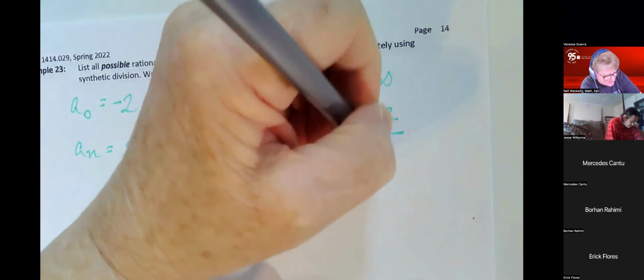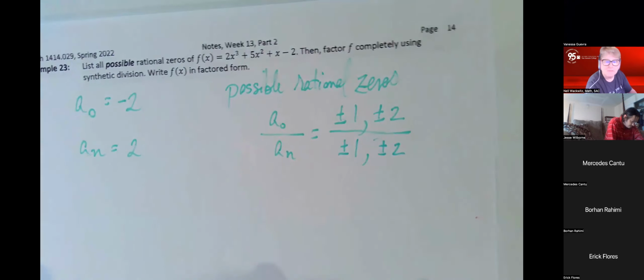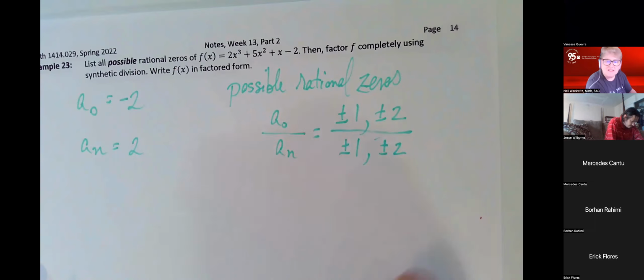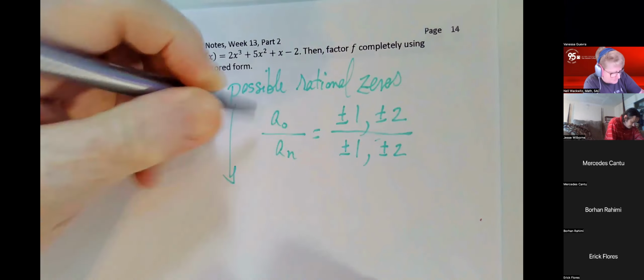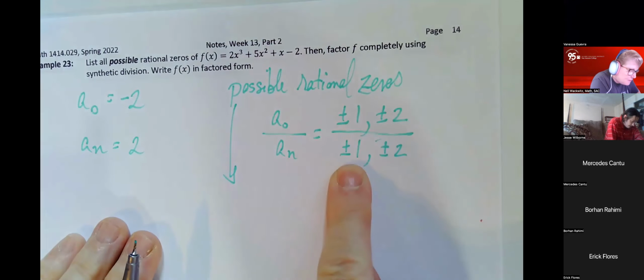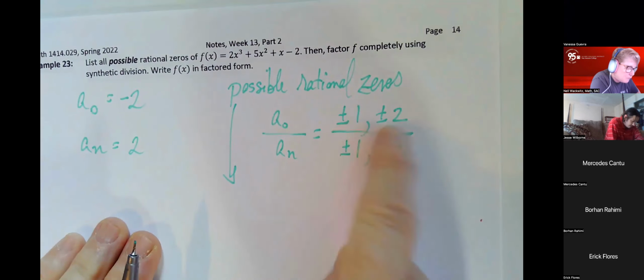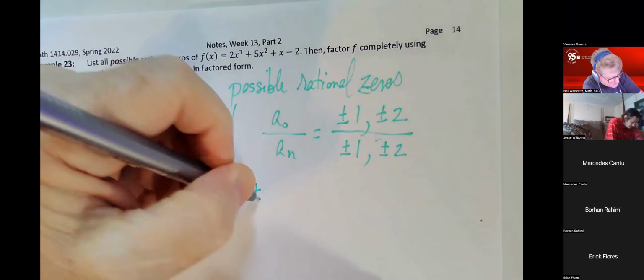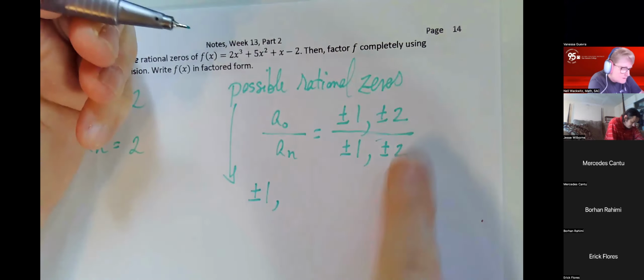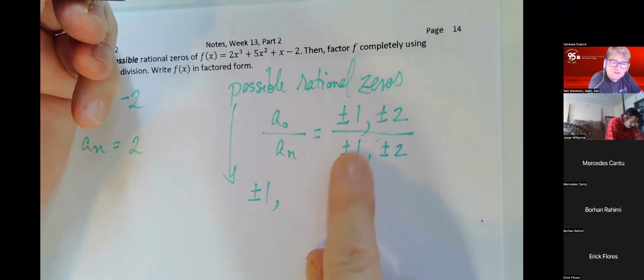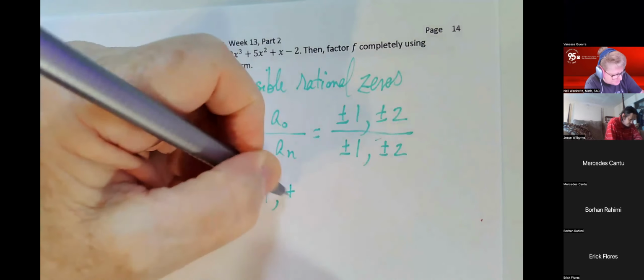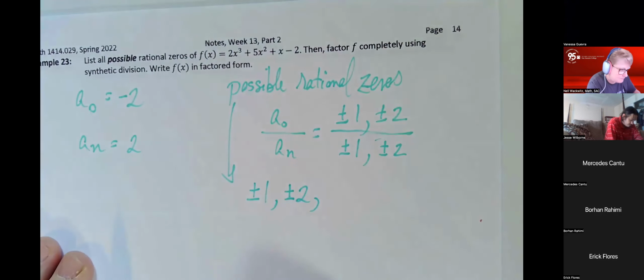So yes, it's going to be the same. So now let's see what kind of numbers we can get. If I divide by 1, positive or negative 1 divided by 1, that's just positive or negative 1. Positive or negative 2 divided by 1, that stays positive or negative 2.